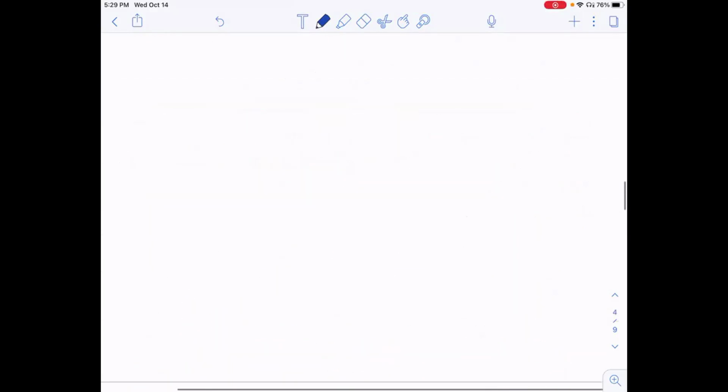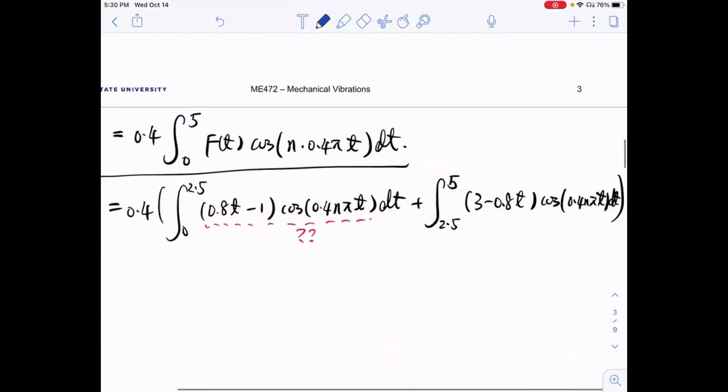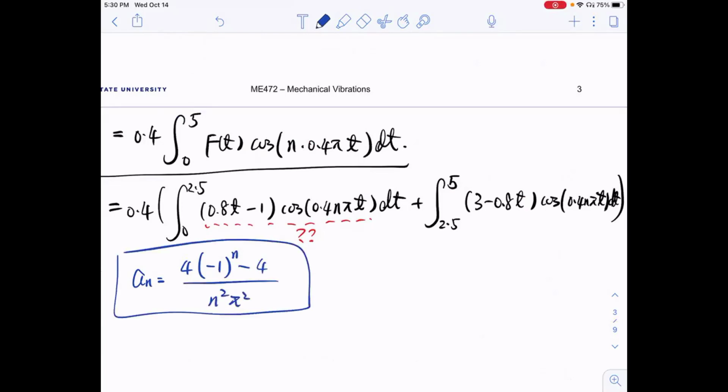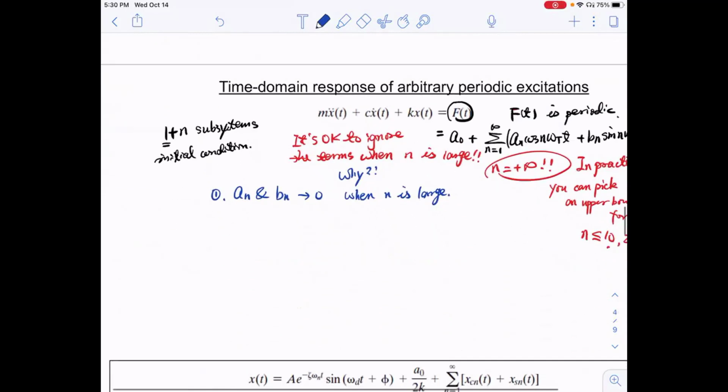If you remember, our previous AN is 4 minus 1 to the n minus 4 over n squared pi squared. You can see that there is an n squared in the denominator. So as n increases, your AN almost becomes 0. So eventually your AN and BN become 0.